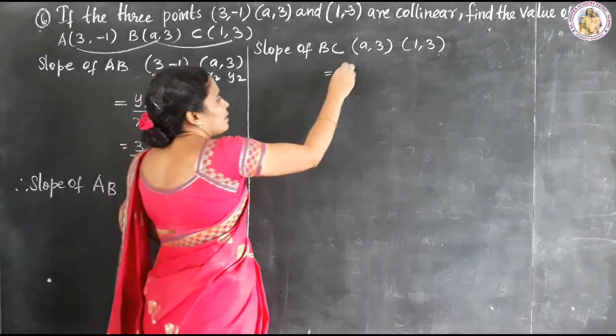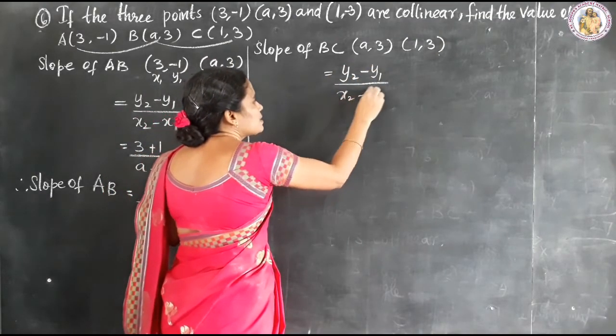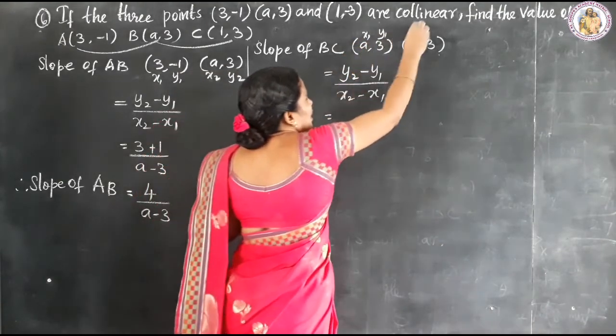Okay, take the points and write the formula as y2 minus y1 divided by x2 minus x1, where these are x1, y1, x2, y2.